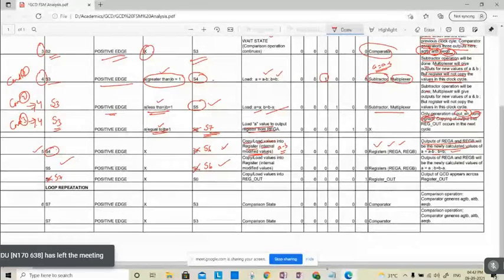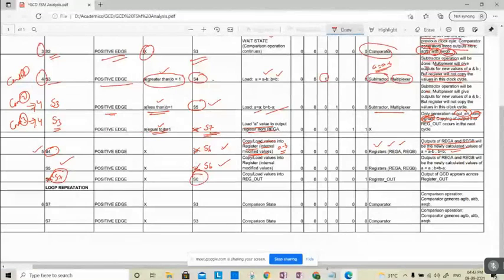So S7 to S0, copy or load values onto register out, the output of GCD. Then after that S7 and this is S6. I'll send you the corrected document. This is again S6. S6 to S3, the comparison state, the loop keeps repeating.